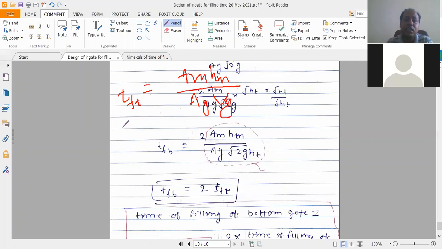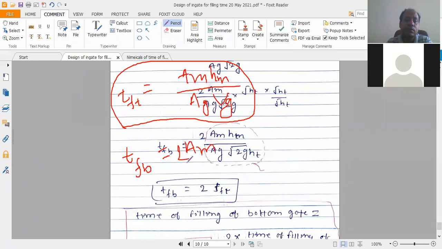So that is the time of filling for the top gate, and the time of filling for the bottom gate is equal to Am 2 times root under ht by Ag into 2g, root under ht minus root under ht minus hm for the bottom gate.